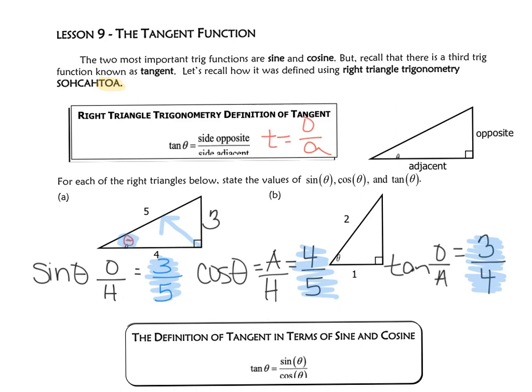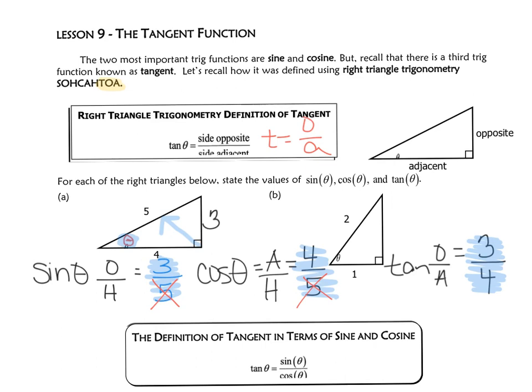Notice how the sine and the cosine both have the hypotenuse in their denominator. And if they were to disappear, or if I were to divide one by the other, that would give me 3/4. And that is really where the tangent function comes from.